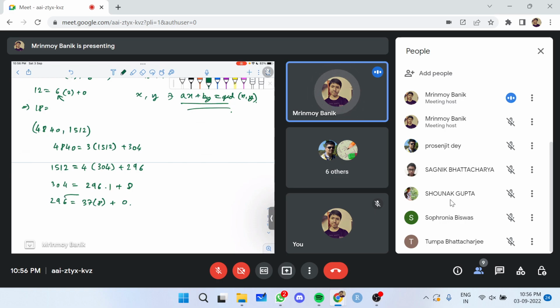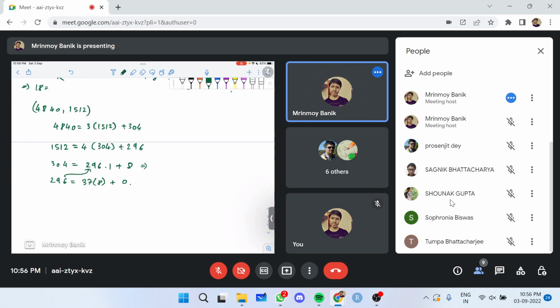So now we substitute the value of 296 here in the top equation. We get 304 equals 37 times 8 plus 8, and then we substitute 304 in this equation. We get 1512 equals 4 times 304, which is 38 times 8, plus 296.